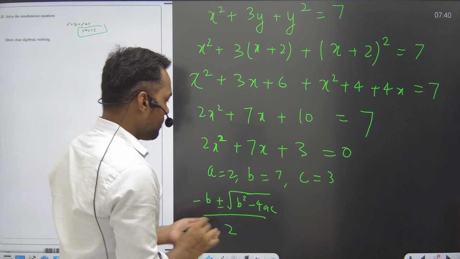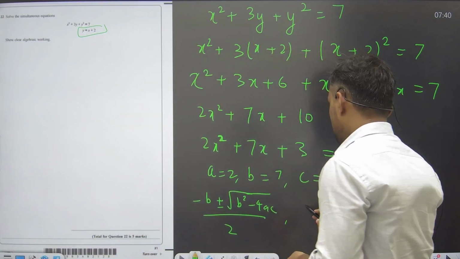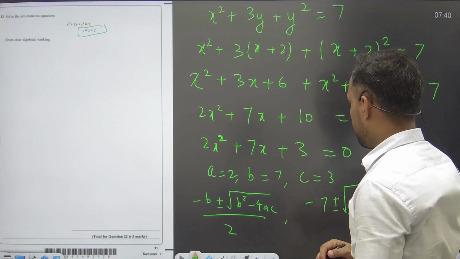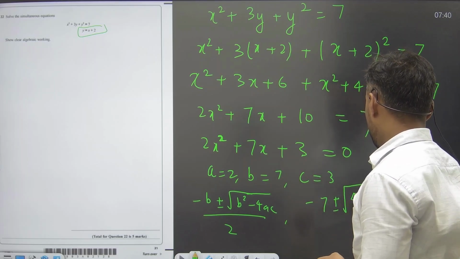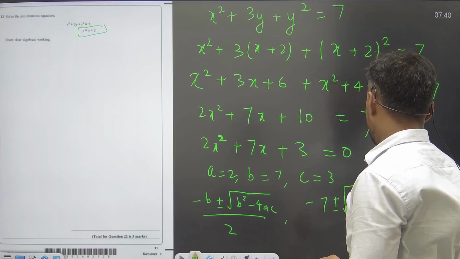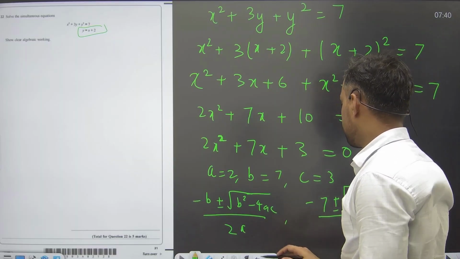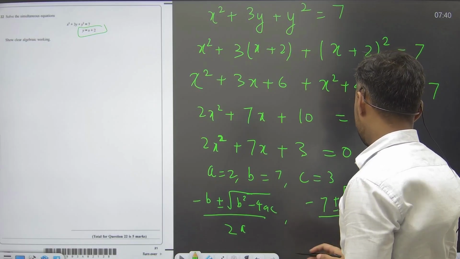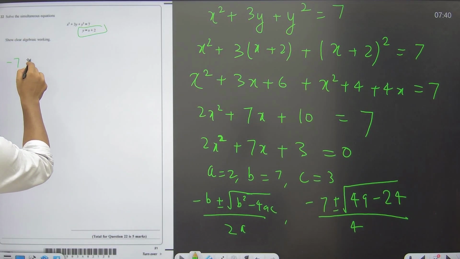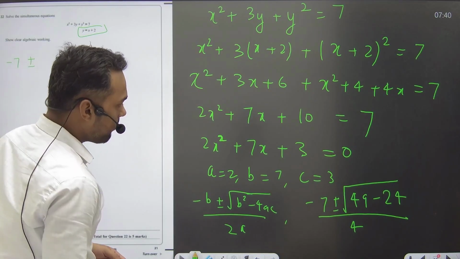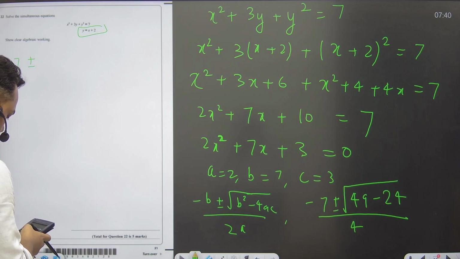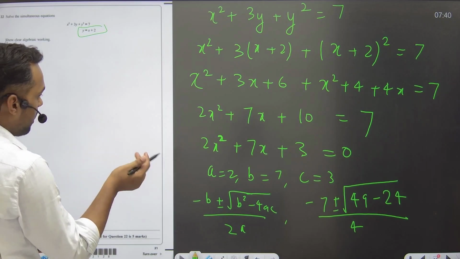So negative of b will be negative 7 plus minus the root of b square minus 4ac, that is 49 minus 24, upon 2a, which is 4. So negative 7 plus minus the root of 49 minus 24, which will be 25, so you will get 5 here.